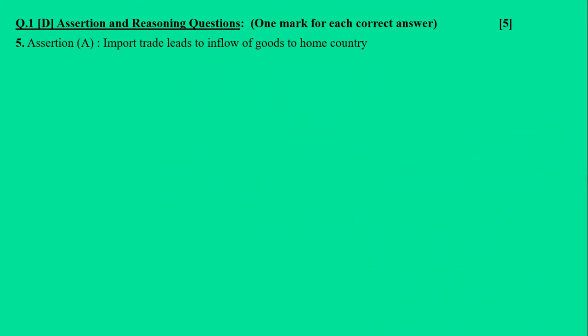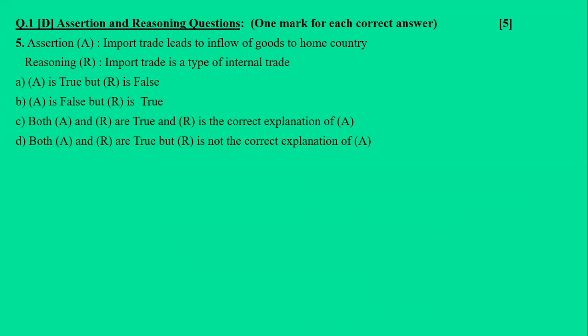Now, the fifth question. Assertion: import trade leads to inflow of goods to the home country. See the reasoning: import trade is a type of internal trade. See the options here again. A, A is true, but R is false. B, A is false, but R is true.